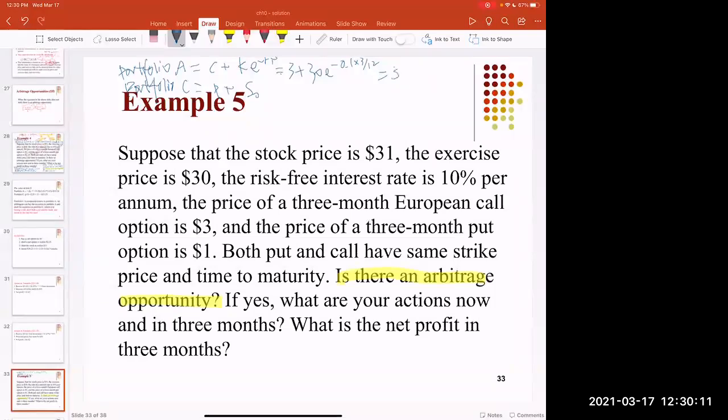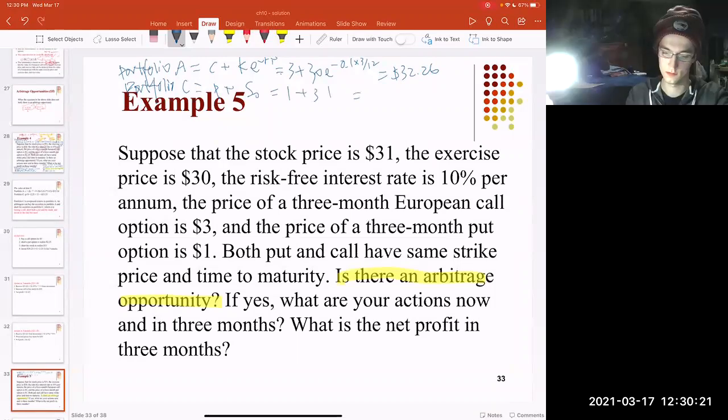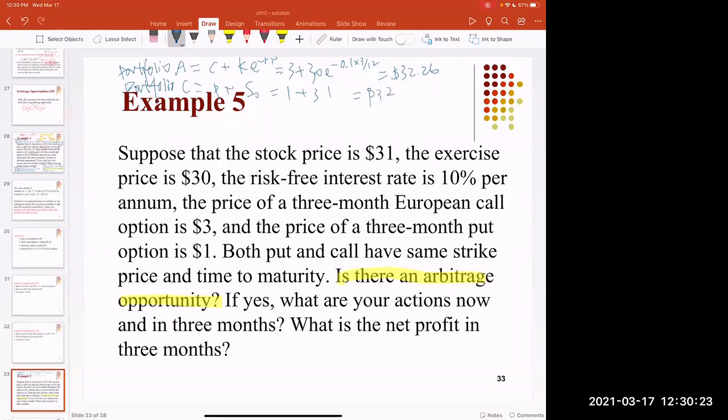Yes, that's correct. And portfolio C is $1 plus 31, that's 32. Okay. So in this case, portfolio A is greater than portfolio C, right?